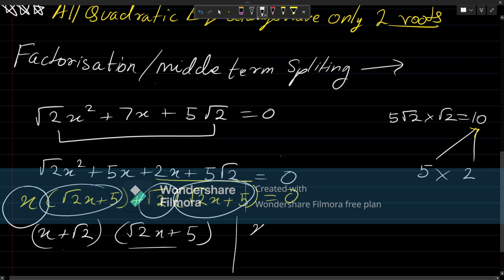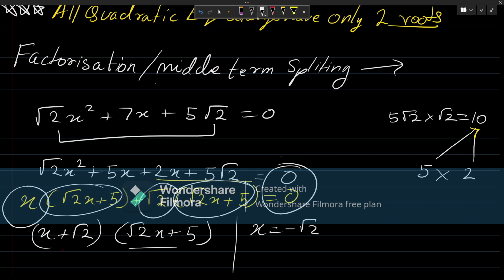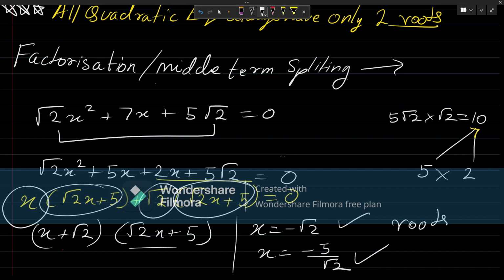So you can write x is equal to minus root 2, and the other one will be minus 5 upon root 2.